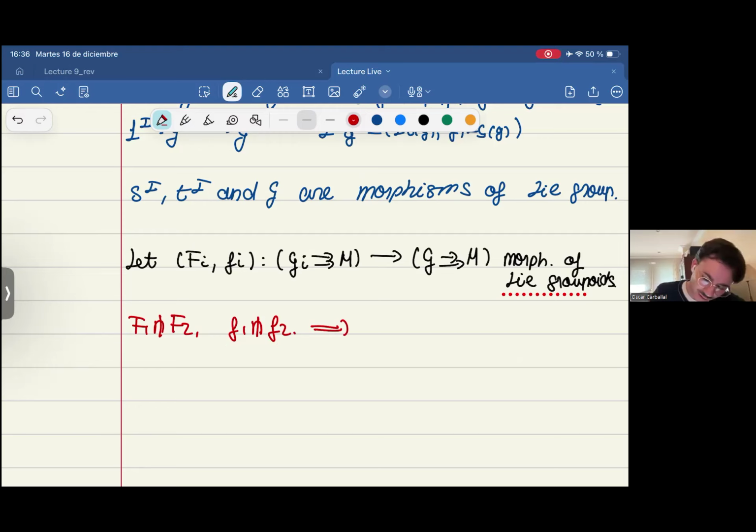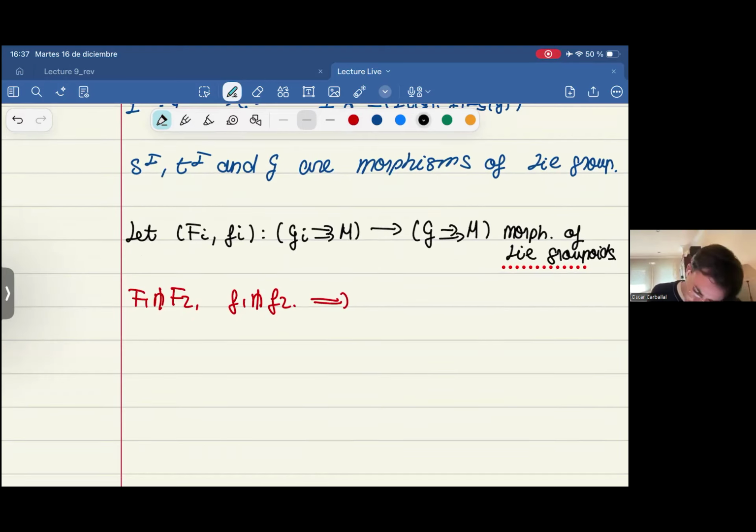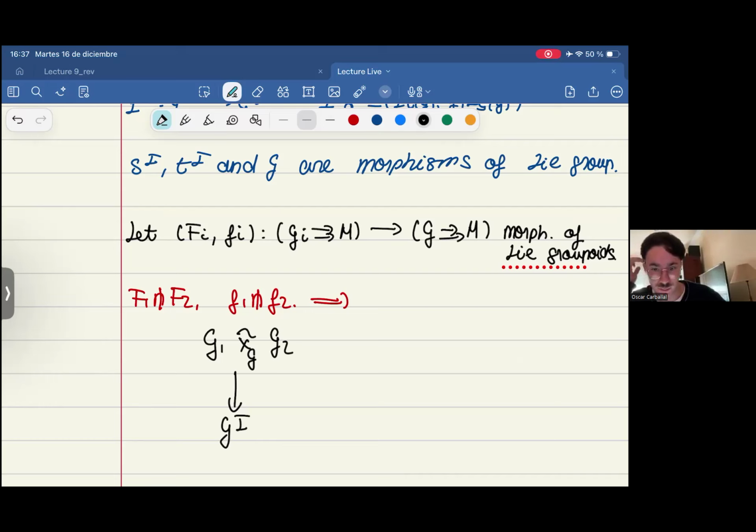Provided that we have this transversality condition, we can consider this pullback here, which is known as the homotopy pullback. I will explain in a minute. It is just the pullback of the anchor of the groupoid of arrows and the product of F1 and F2.